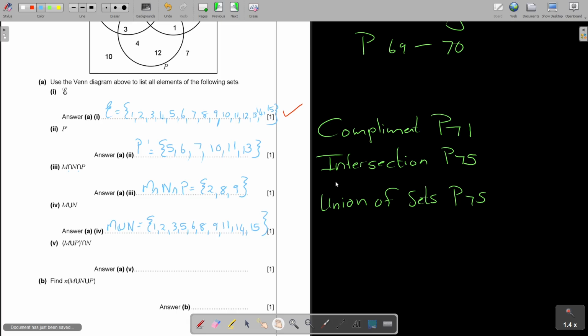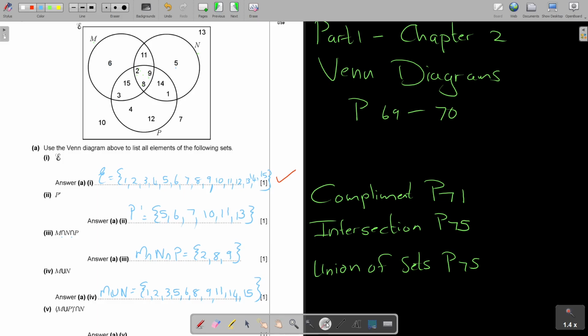So if I look at this one, I like to put in between steps. So I would say it's M union P's complement. Okay, so where is it? M and it's union P's complement. So it means cover that and it's the outside.